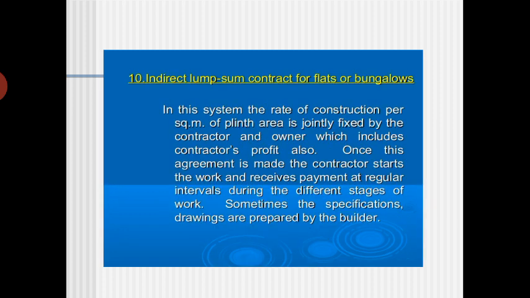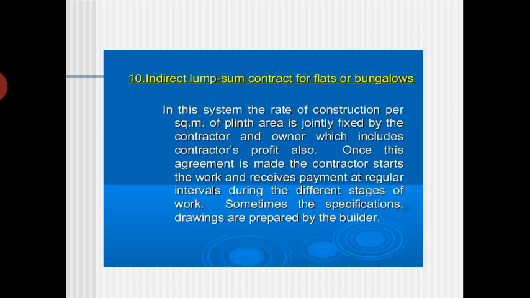So then indirect lump sum contract for flats or bungalows. In this system, the rate of construction per square meter of the plinth area is jointly fixed by the contractor and the owner, which includes the contractor's profits also.